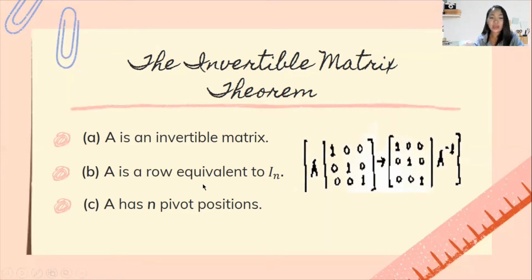Then next we have the row reduction, and by following the steps, we will end up with a pivot in every column and every row when we row reduce to the identity matrix, which gives us C. So these three here are interconnected with each other.